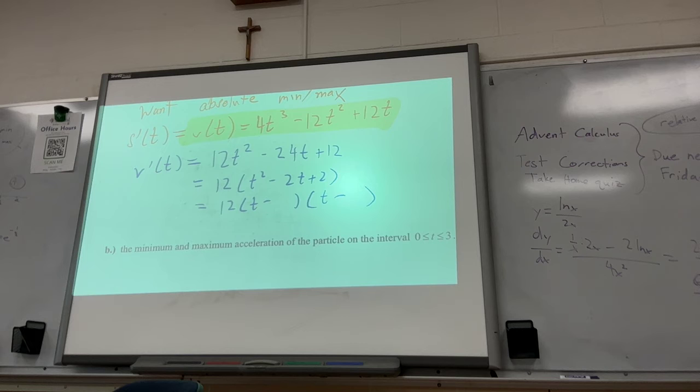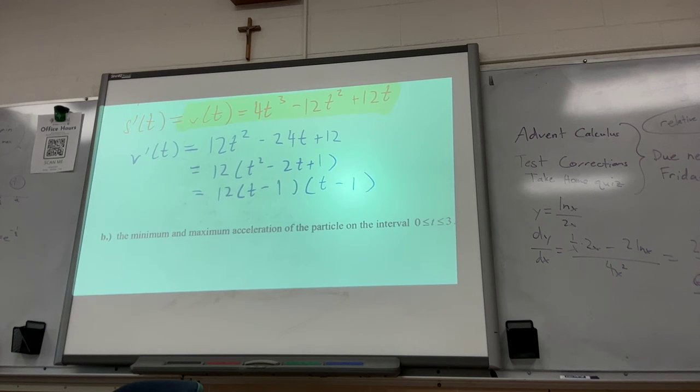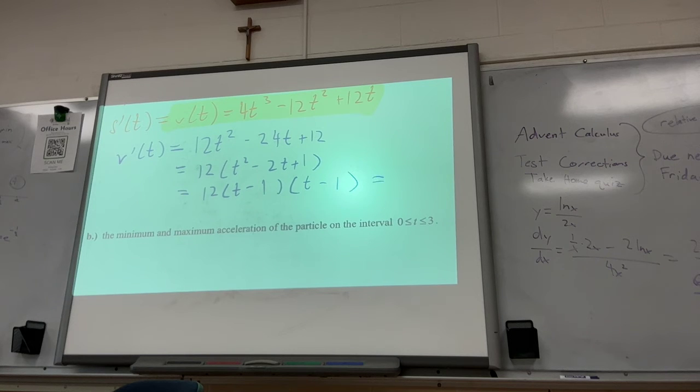And the 2 on the end without the t should be a 1. That should be a 1, you're right, thank you. So it's just 1 and 1, right? Cool. So what's my only critical point of v then? 1, because it's a polynomial, so it can't be undefined anywhere. The only place it's 0 is at 1.